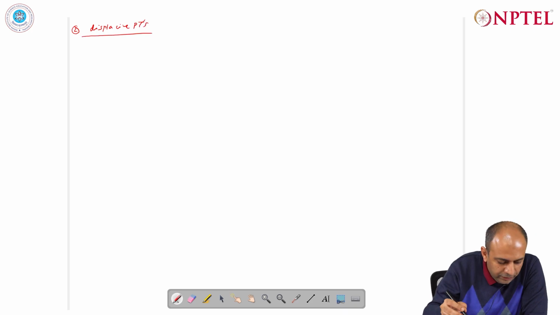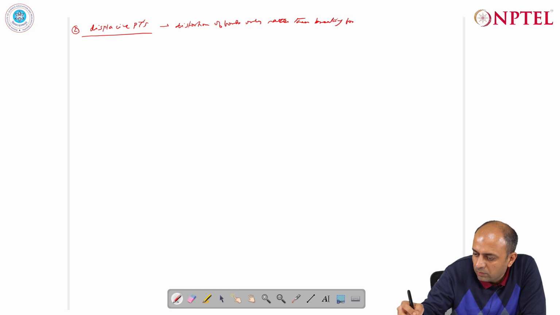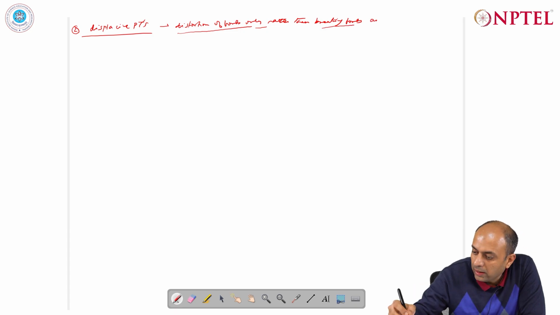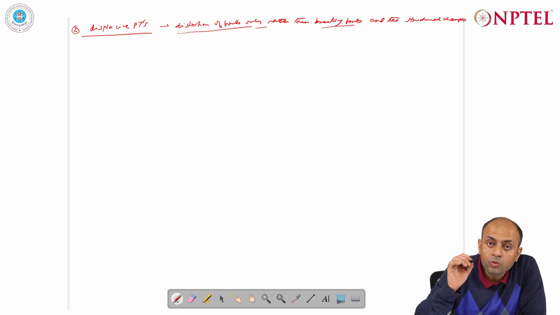In the case of displacive phase transition, it is a distortion of the bonds only, rather than breaking bonds, and the structural changes are usually very small.